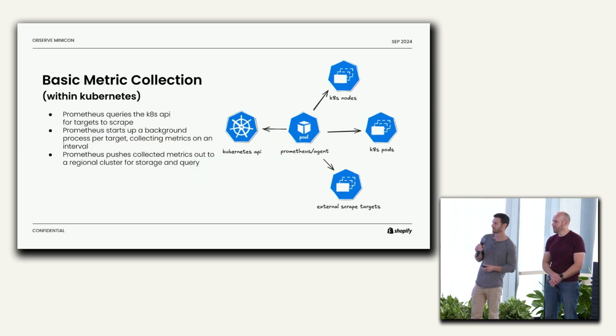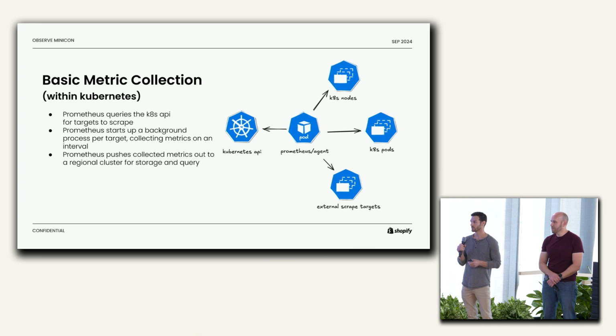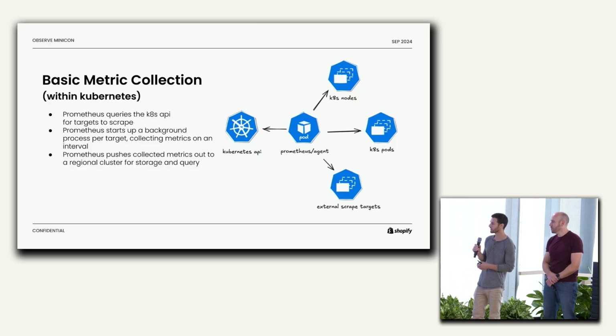So this is a basic metric collection in the context of a Kubernetes cluster. At Shopify, we have hundreds of Kubernetes clusters, and they get bigger and smaller quite rapidly. And it gets even more interesting because clusters come in and out of existence.